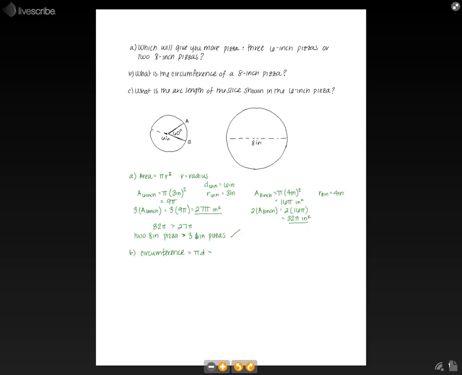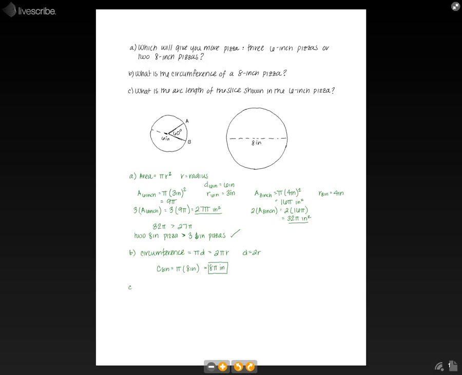So just for your reference, that's the same as 2 pi r, right? Because d is equal to 2r. Alright, so we know that the diameter of an 8-inch pizza is 8 inches. So the circumference of an 8-inch pizza is going to be pi times 8 inches, or 8 pi inches.